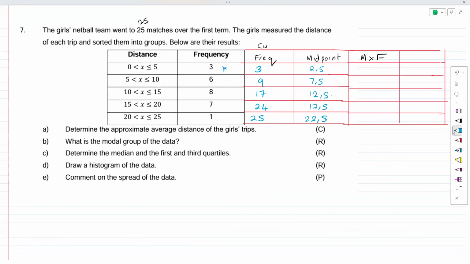Midpoint times frequency would be this table multiplied by that table. Now, this one I'll have to calculate because most people don't do it in this manner.